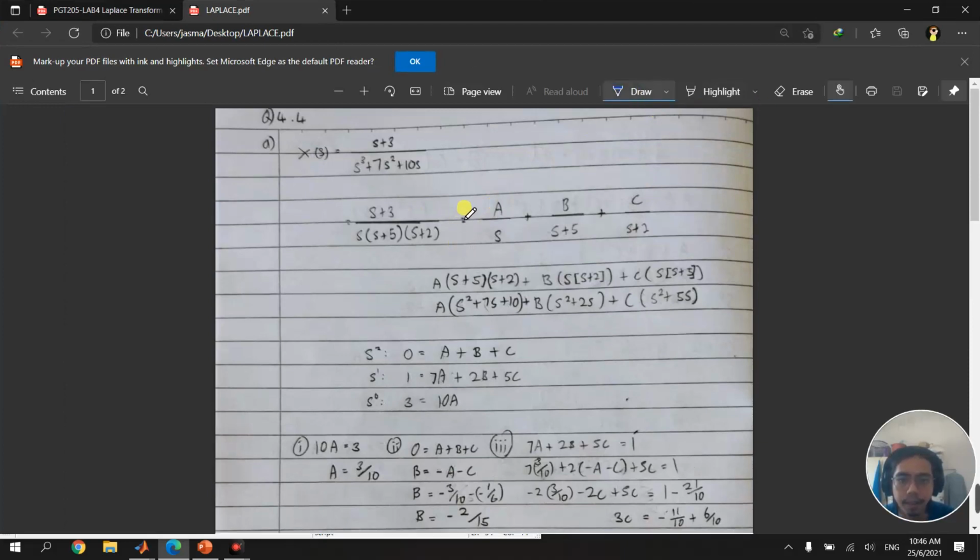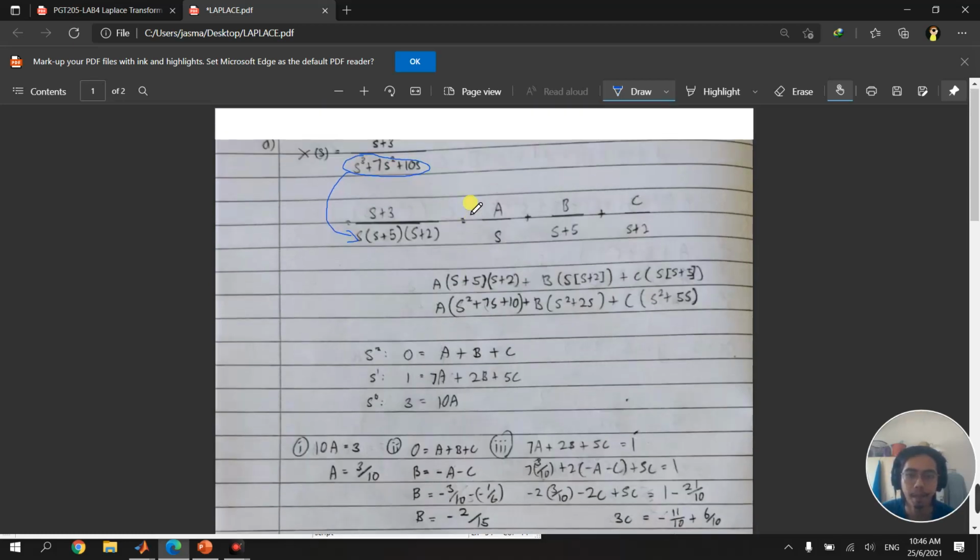Firstly, we need to break this into a simpler form, which is here. If we expand it, we'll get the same number back. You can easily get this equation using a calculator.